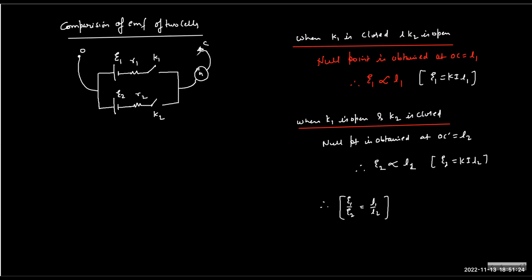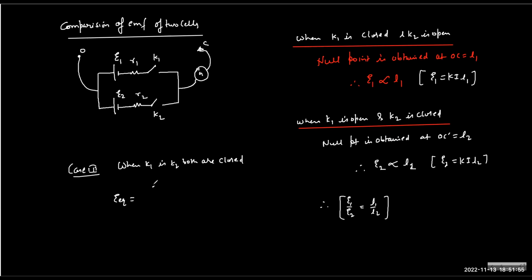So now we can go to case 3, when K1 and K2 both are closed. If you remember, when you close both K1 and K2, these are cells in parallel. Do you remember this? We have something called the equivalent EMF, the E equivalent formula from Millman's theorem.